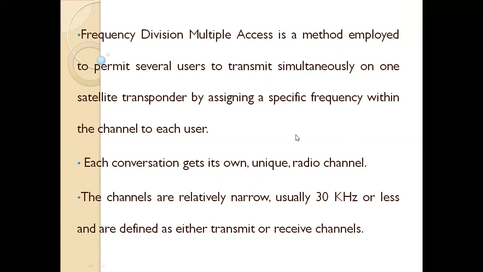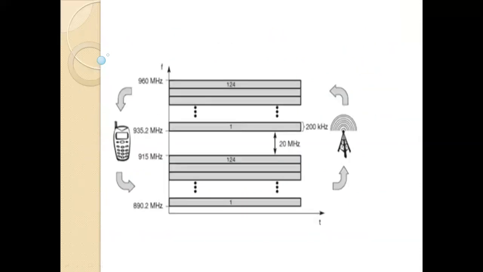This is the diagram for the FDMA example, showing the uplink and downlink between mobile station and base station. What is the channel range? For the uplink of the mobile station, 890.2 MHz to 915 MHz. For the downlink, 935.2 MHz to 960 MHz.